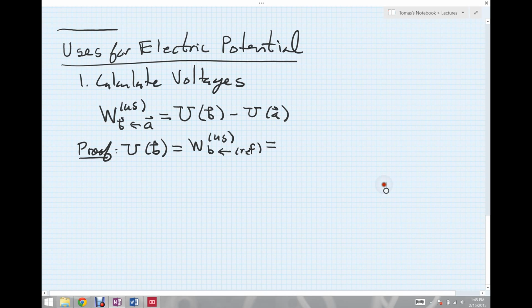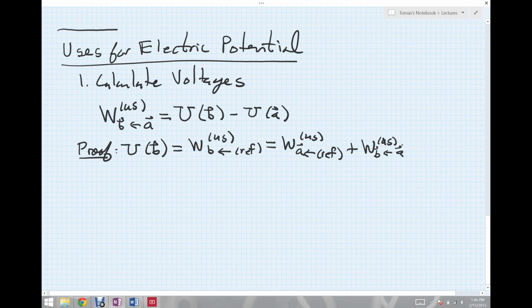The first step would be for us to take the object to location A from the reference point, and then for us to do the additional work needed to take the object from A to location B.